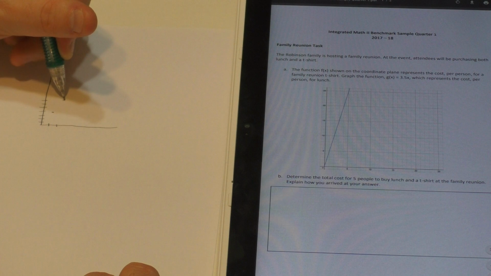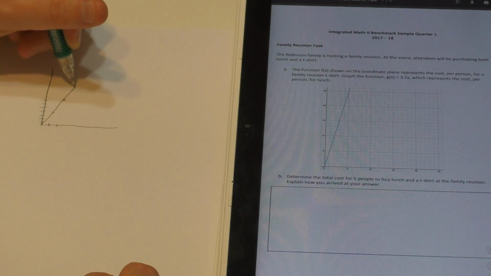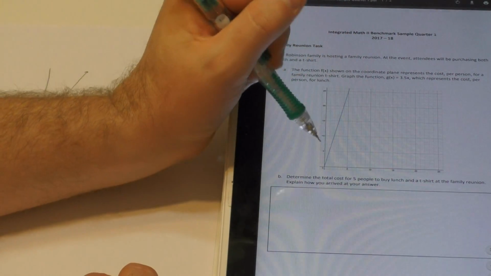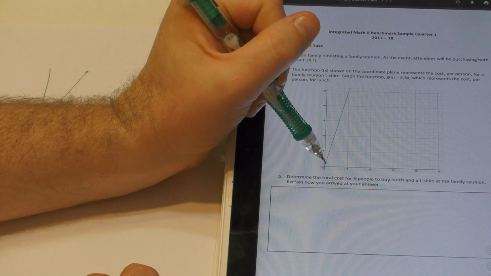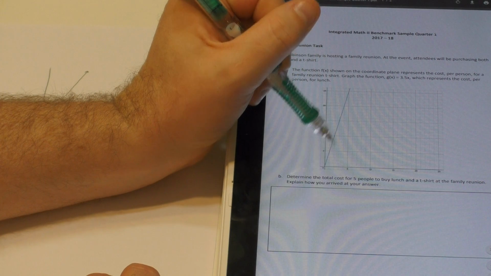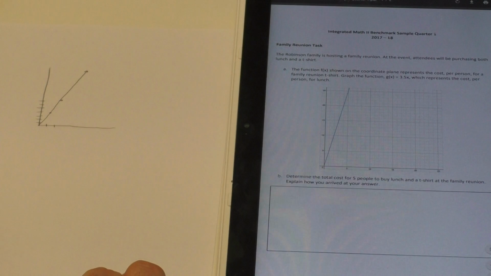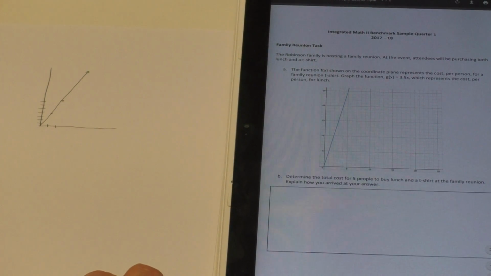That's what I thought. Okay, and you'll just draw a line that looks like this. That's all you need to do. You should have a point about right here, and a point about right there. So that's a quick graph, seeing if you can graph a line, basically.